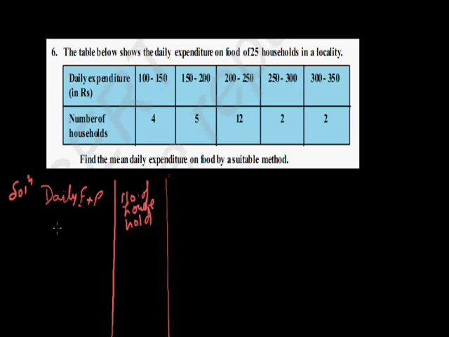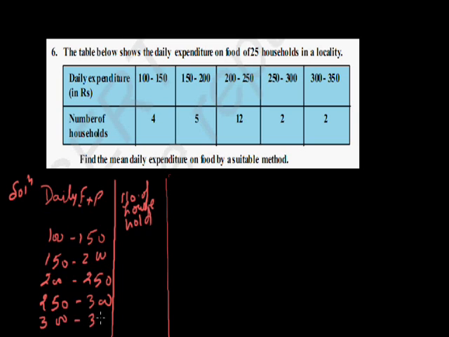The daily expenditures are 100 to 150, 150 to 200, 200 to 250, 250 to 300, 300 to 350. Now the frequencies are 4, 5, 12, 2, and 2.